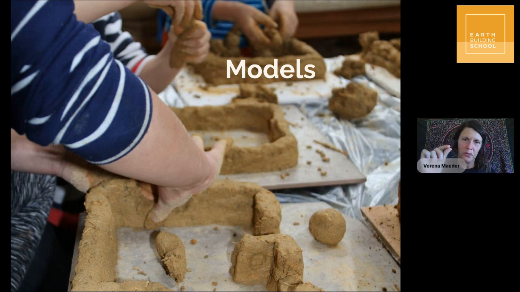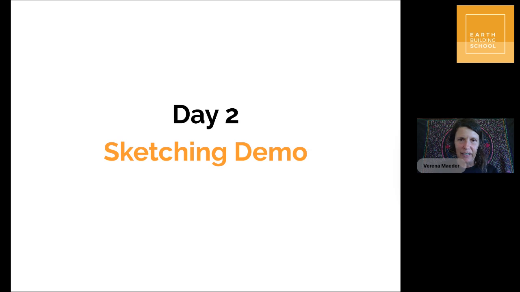The cardboard simulates a little bit of thickness, especially if you use that thicker cardboard with the corrugated layer between two sheets. And you can start prototyping. Okay, so that's just ideas, and I will now go into the sketching demo.